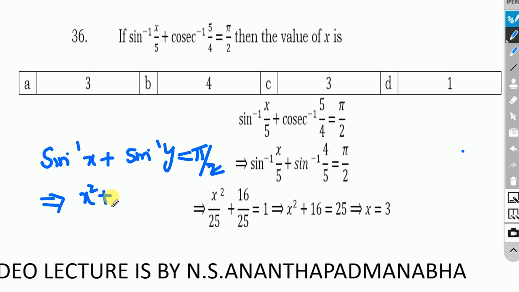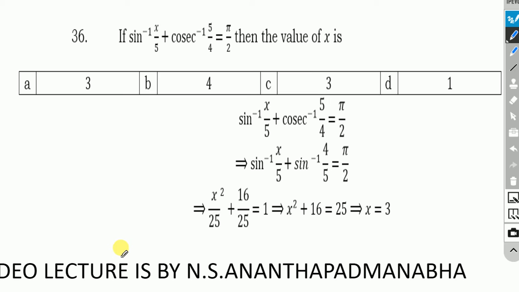We discussed a similar question. Here x is x by 5, y is 4 by 5. So therefore x square is x by 5 whole square, which is x square by 25, and y square is 16 by 25, that is 4 by 5 whole square. So x square by 25 plus 16 by 25 is equal to 1. Multiply by 25, so therefore x square is 9 and x is equal to 3.